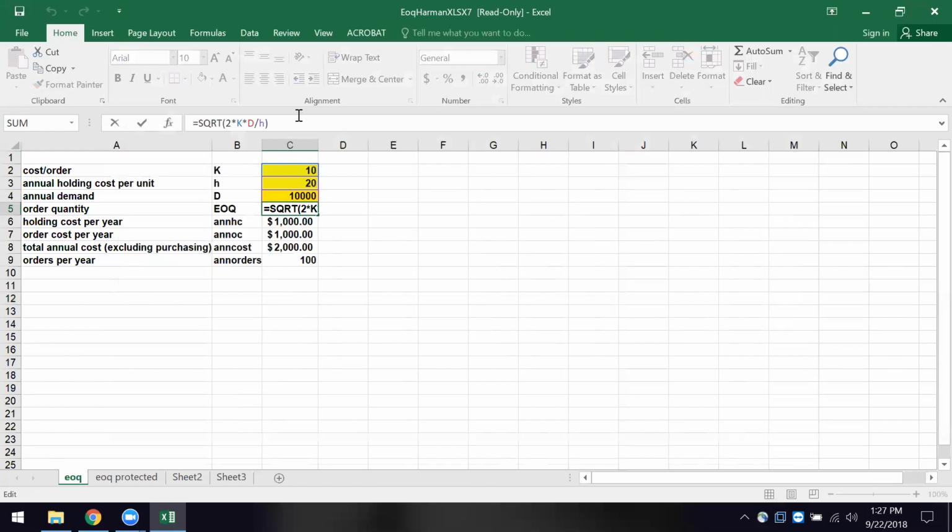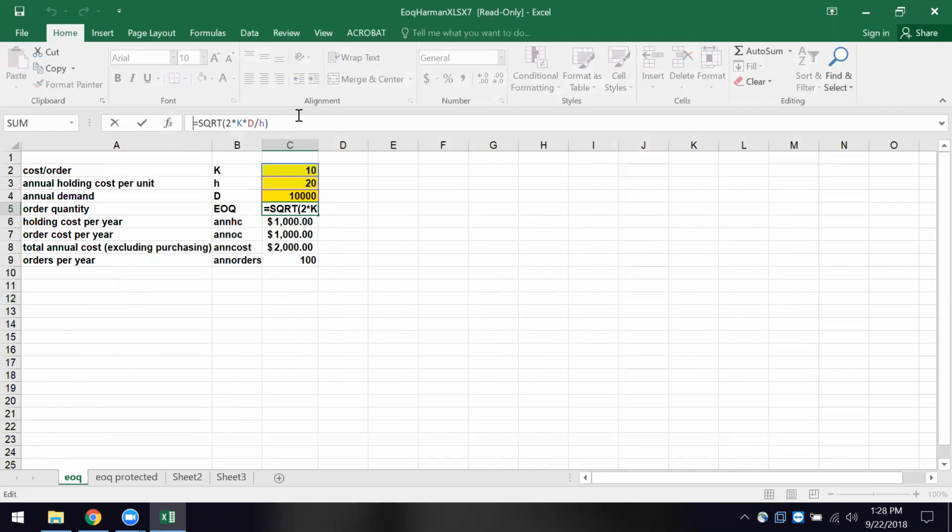And that's the square root of 2 times K times D over H. K is the cost of ordering, and D is the annual demand, and H is our annual holding cost per unit.